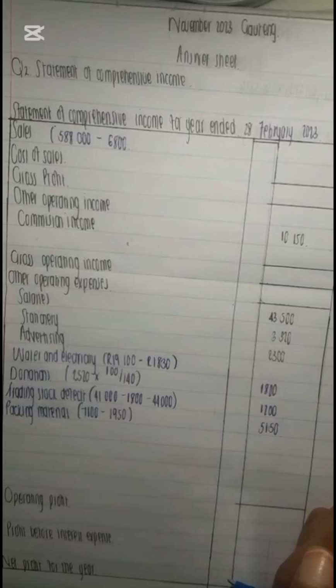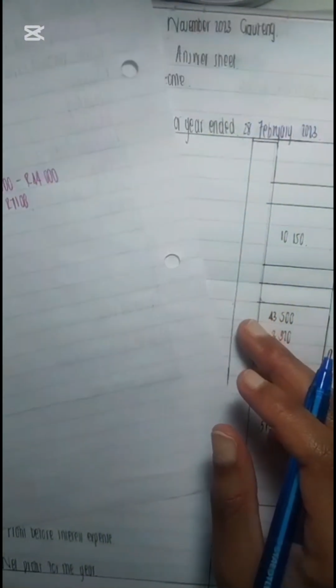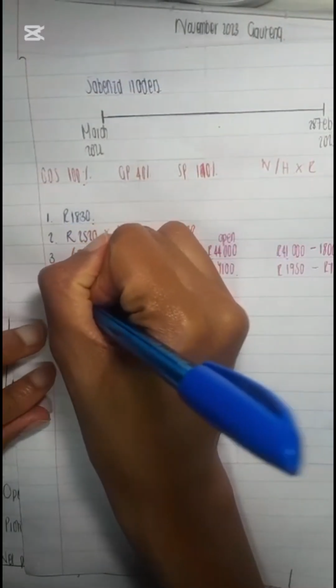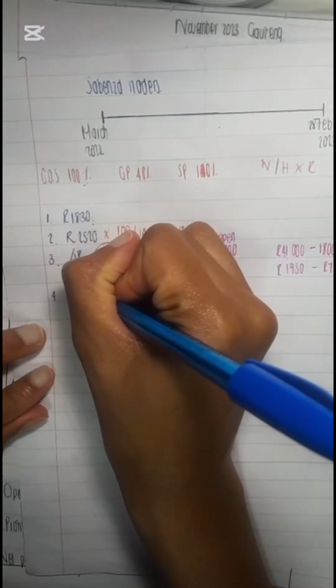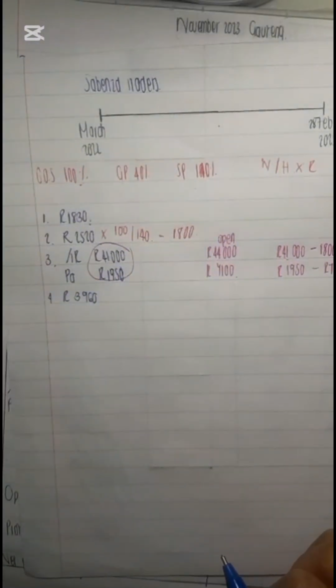Now the next transaction says that insurance premium includes an annual premium amount of 3,960 paid for the period of 1st September to the 31st of August.